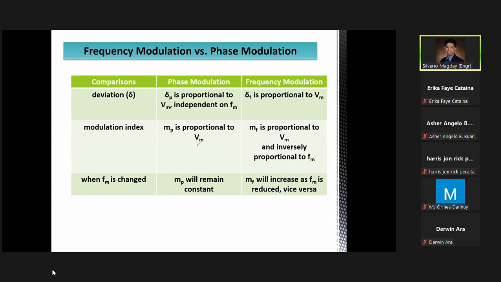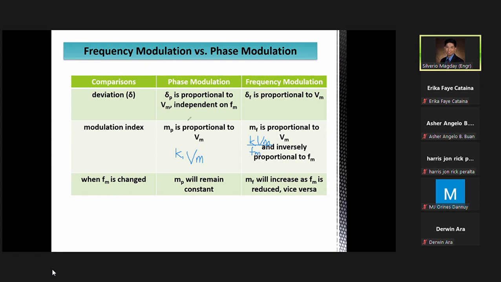Pag sa phase modulation, di ba ito is your K1VM. Pag dito lang sa frequency modulation, your modulation index is yung K, VM, and inversely proportional to your FM. Ayan, over FM.